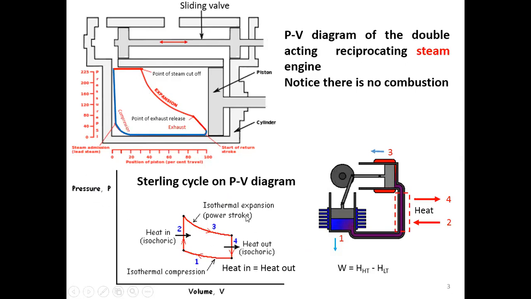Okay. How about the Stirling cycle on the PV diagram? For the Stirling cycle, you have only two processes that happen. The first one is the isothermal process. The second one is the heat transfer process. For the isothermal process, we have isothermal compression, which compresses the working fluid inside the cycle.